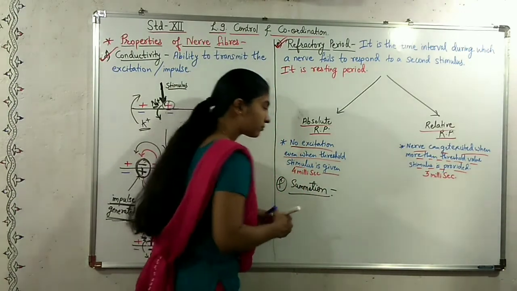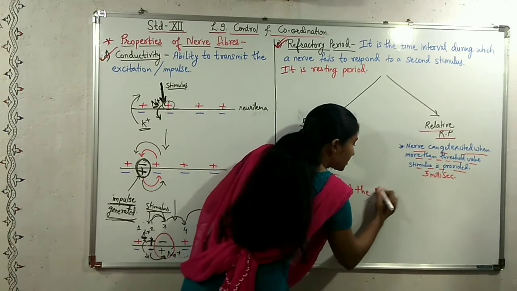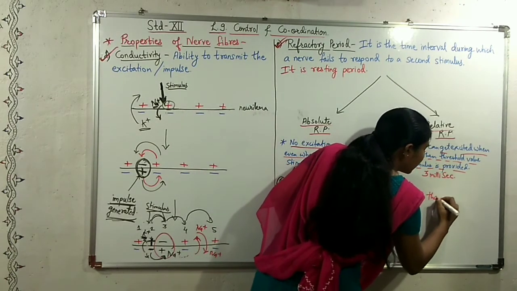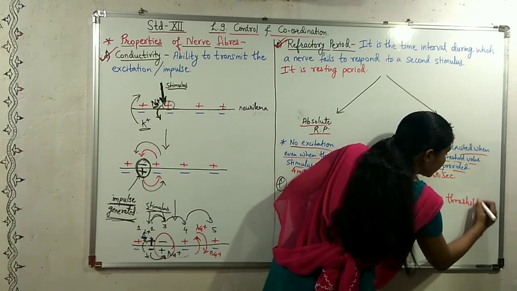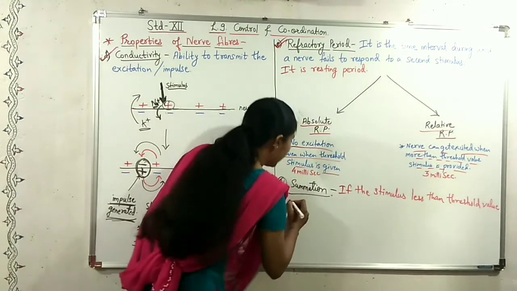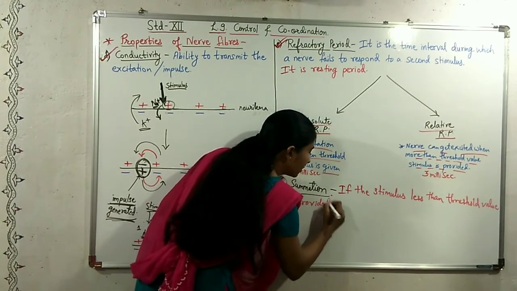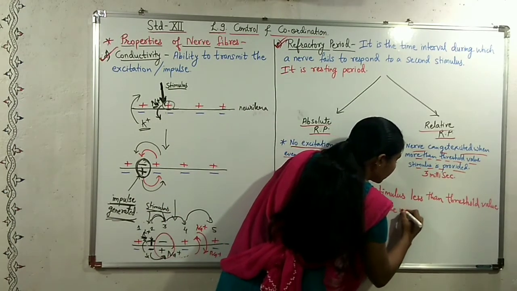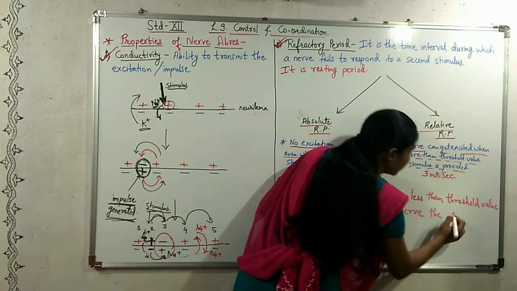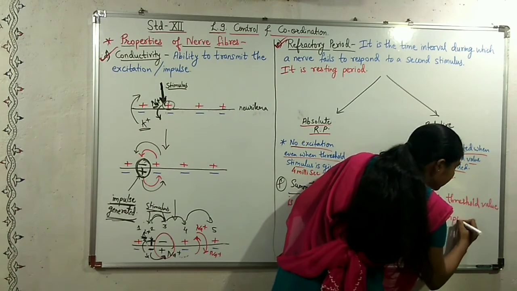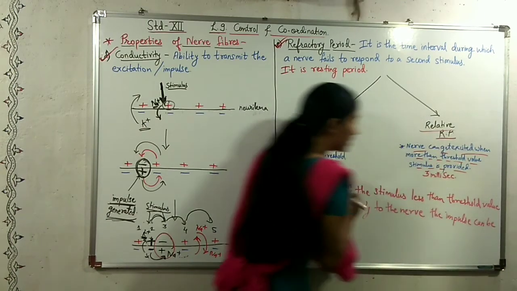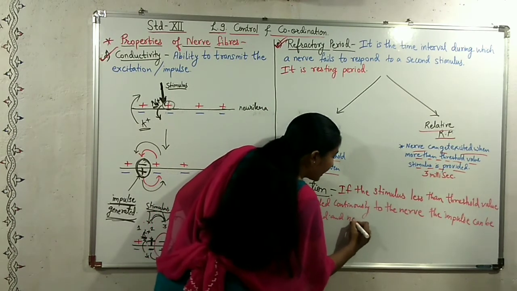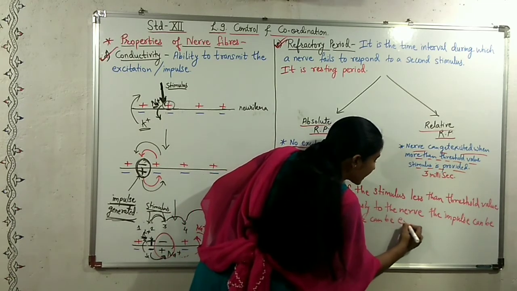So when we say that a stimulus less than threshold value is provided continuously to the nerve, the impulse can be generated and the nerve can be excited.